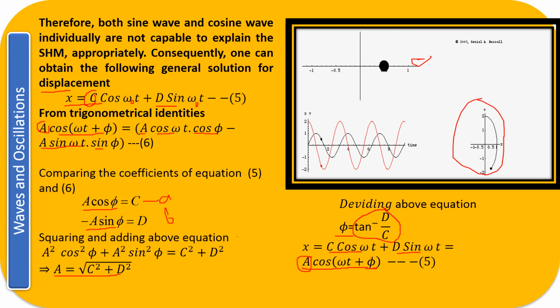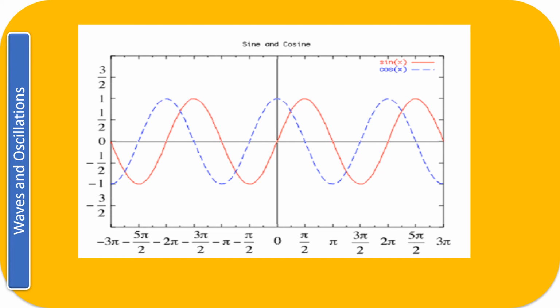So whenever a particle oscillates simple harmonically, it will have two components of amplitude. One component we can call C, another component we can call D, and between them we have a phase, as you can see from this animation. Let us see with another diagram. Again here I have shown you both the sine wave and the cos wave. Between the sine wave and cos wave you have a particular phase, and that is your phase phi, right?